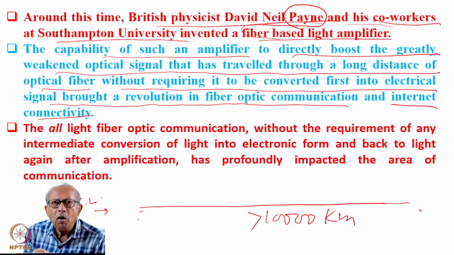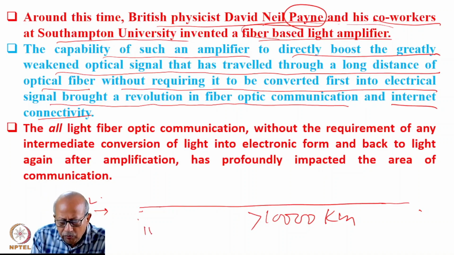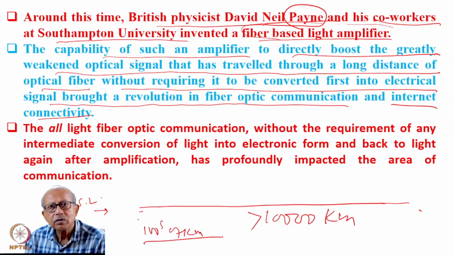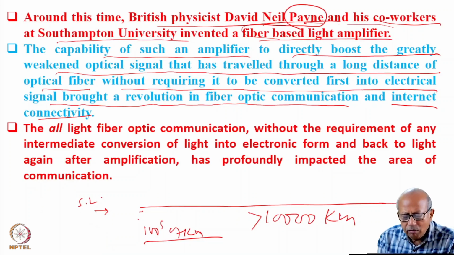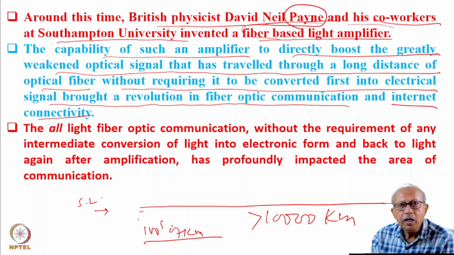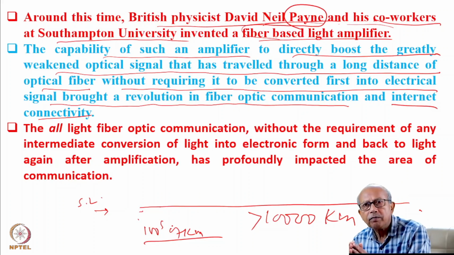But however small, it is not zero. It has some finite value. Therefore, as it travels through hundreds of kilometers, the signal actually weakens. And then after traversing a length of a few hundreds of kilometers, it becomes too weak to carry the information any further.